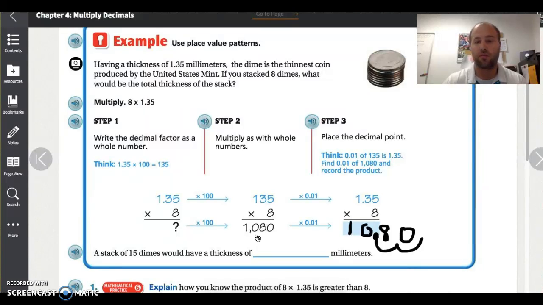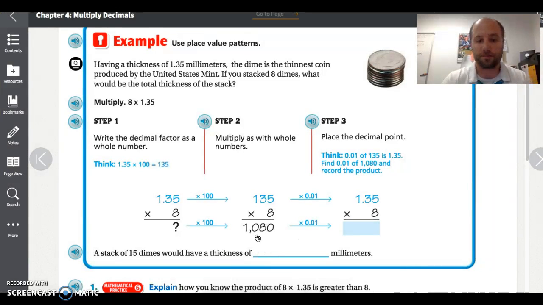If there were 3 or 4, we'd hop that many hops. So our answer is 10 and 80 hundredths, or 10 and 8 tenths. Questions on that? The trick there is just remembering how many decimals are to the right and then hopping from right to left that many hops.